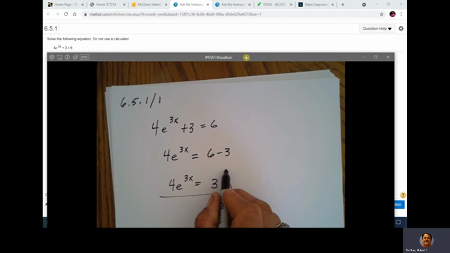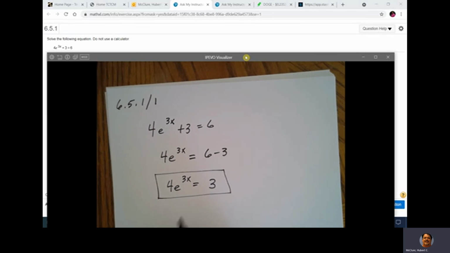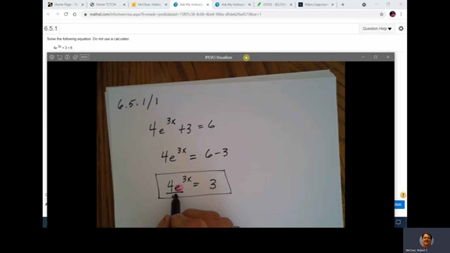Now at this point you can do different things, but I would go with the natural log because anytime you're dealing with e and you're solving an equation, it might help you to take the natural log of both sides. You could divide by 4, and that would be e to the 3x is equal to 3/4.